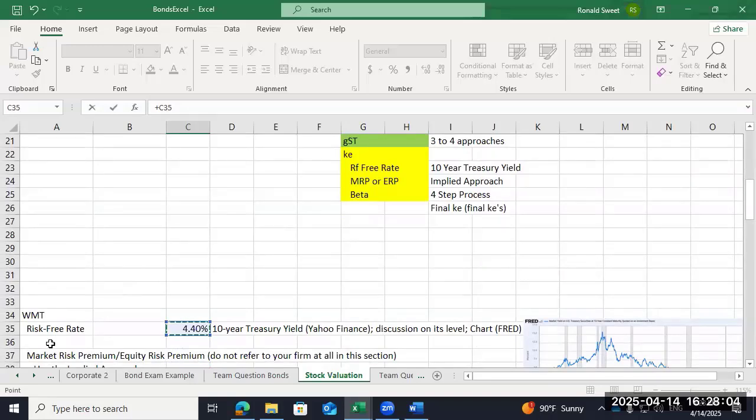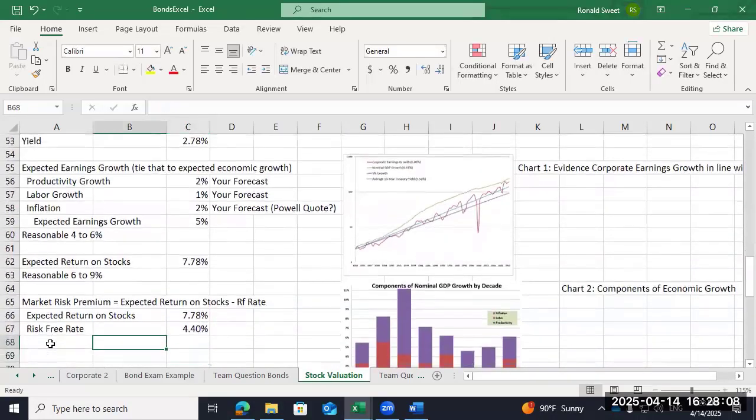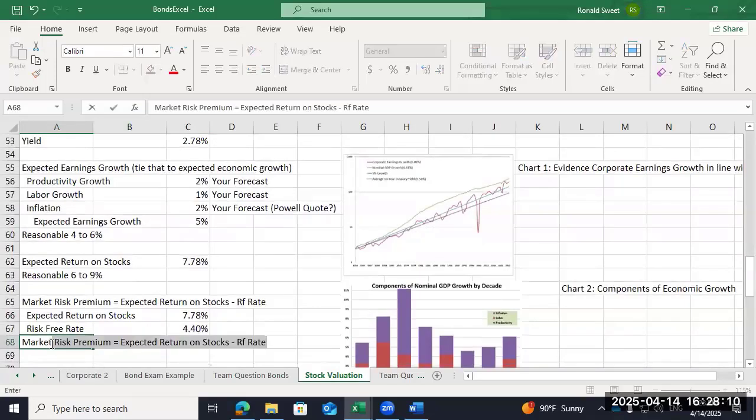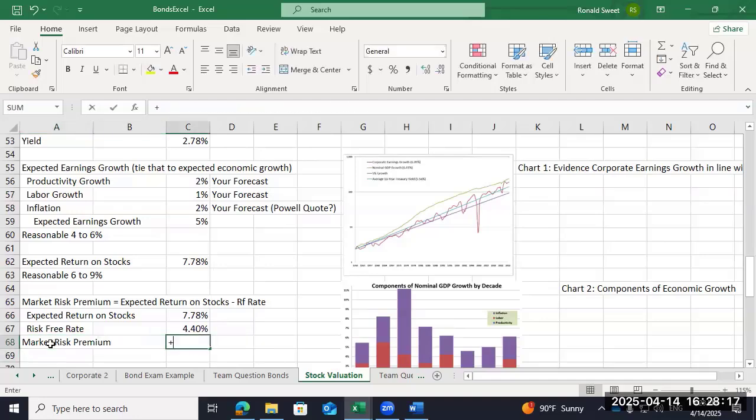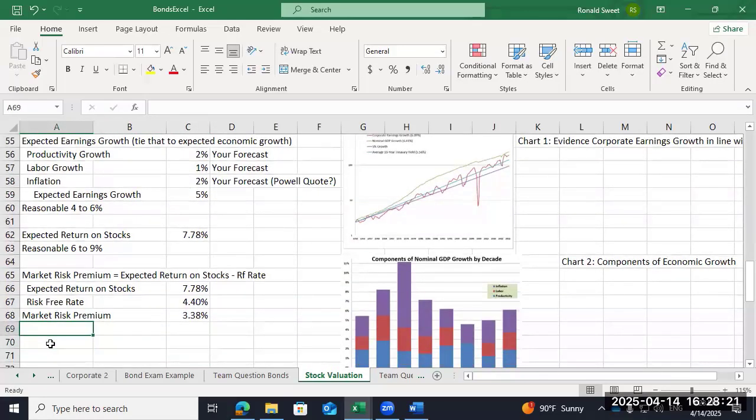It was 4.4 and it's a little lower than that today. Bonds rallied today. So that gives you a market risk premium of 3.38. Here, reasonable is 3 to 6%.